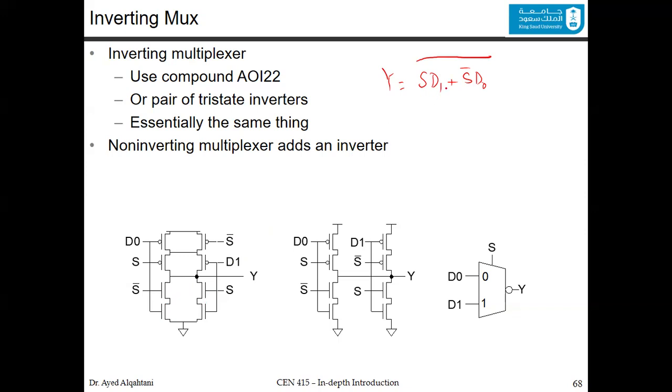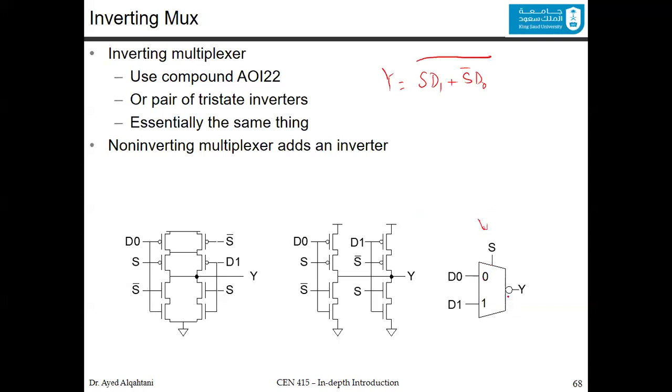And the two groups are parallel, and they are parallel here. We've seen this design before, but we changed the gate names. Now these series parts are parallel, and they form the pull-up network. And this is basically the inverted multiplexer.